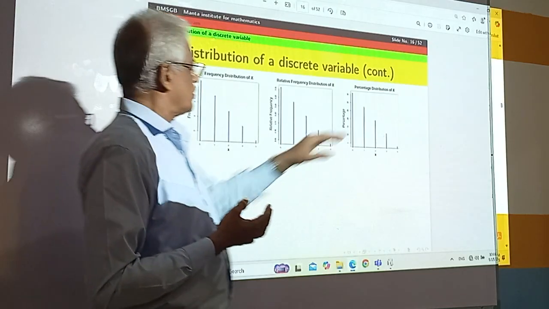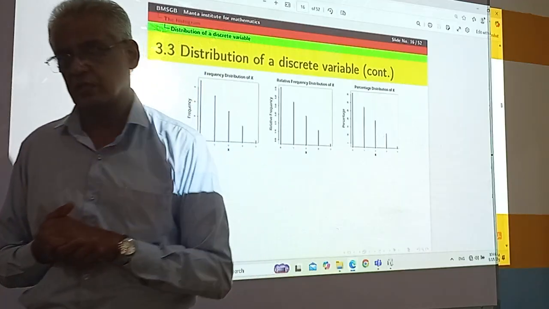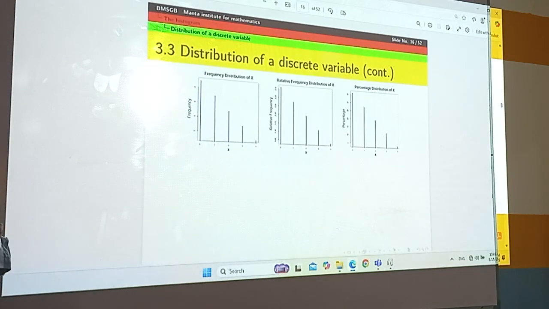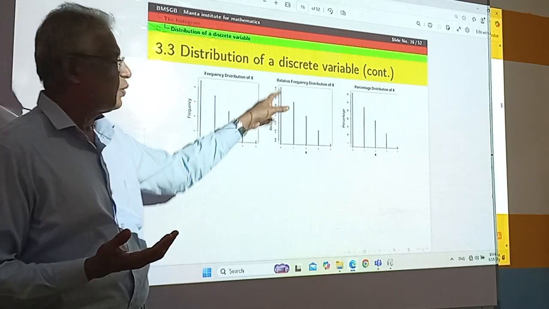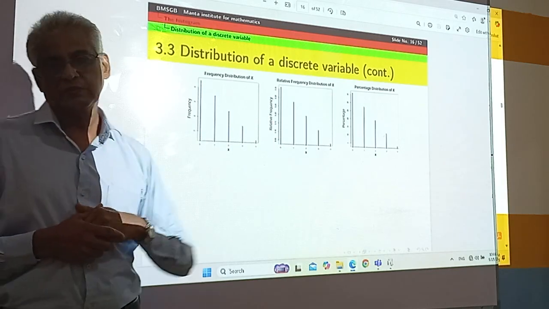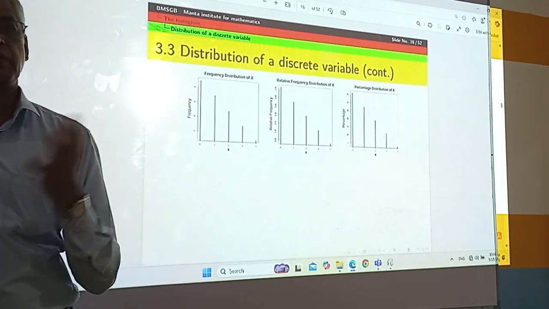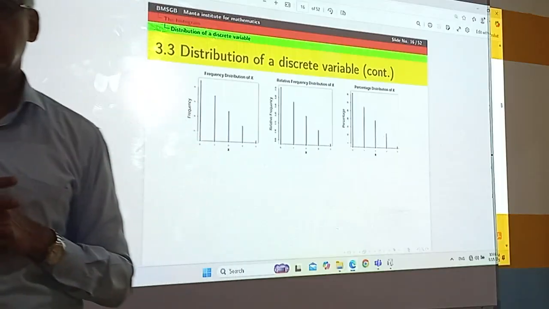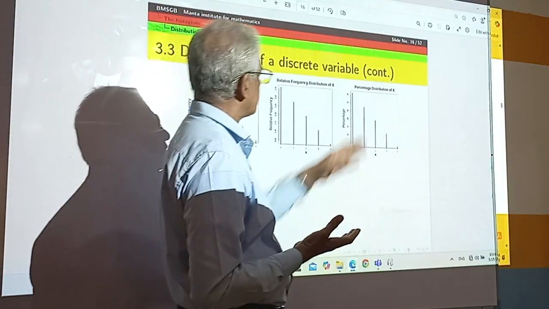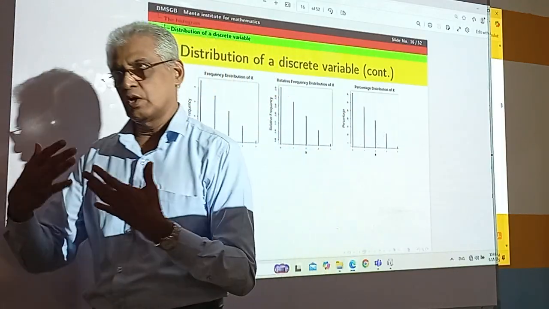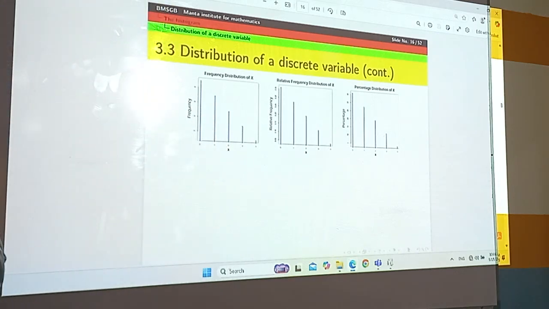And percentage distribution is even more practically meaningful and useful, because many people don't know what relative frequency means, but almost everybody knows what a percentage is. So in that sense, a percentage histogram will probably be more practically suitable.